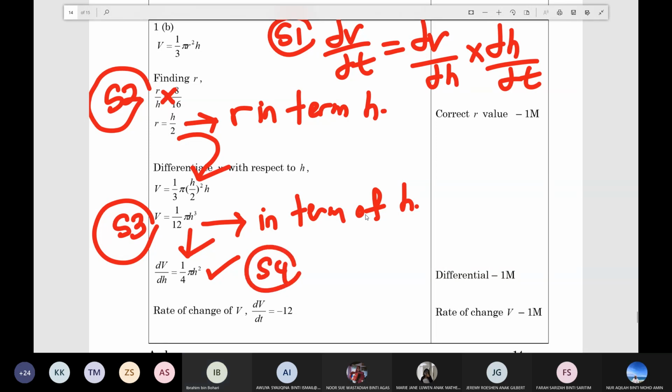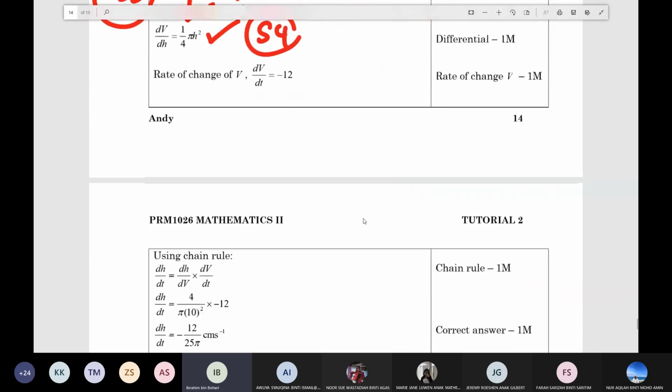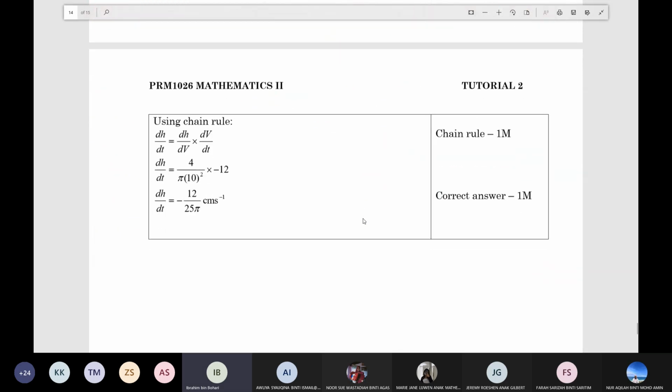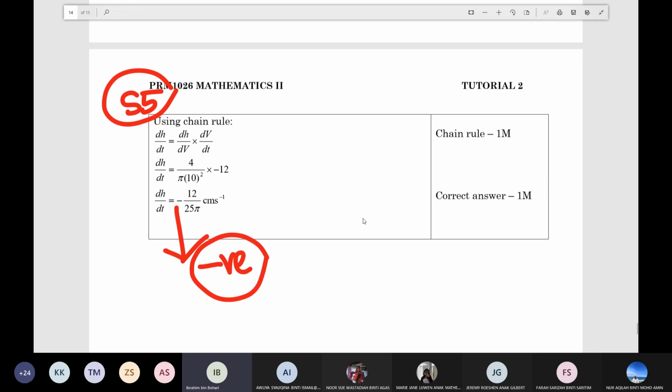Okay, and last step 5, find the dh over dt. Okay, check jawapan. Okay, and the height equals to the 10 centimeter, so you substitute.